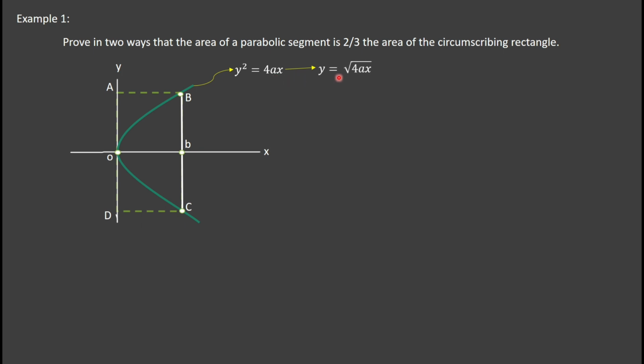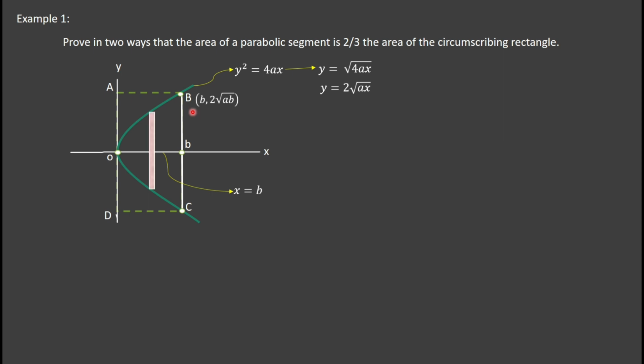Or we can take y equivalently as the square root of 4ax, which equals 2 square root of ax. Take note that our x here equals b. Therefore, in this case, since x equals b, the coordinate of this point is b and 2 square root of ab.